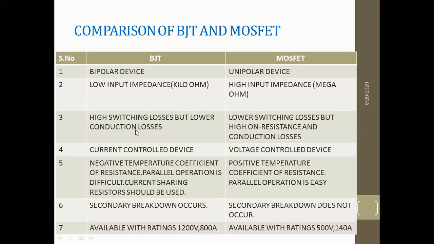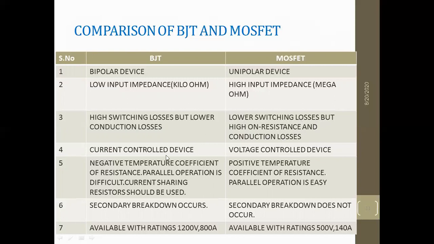But for a MOSFET, lower switching losses but high on resistance and conduction losses. Here, the losses occurring in the MOSFET are very high compared to the BJT, but the switching losses are very low.